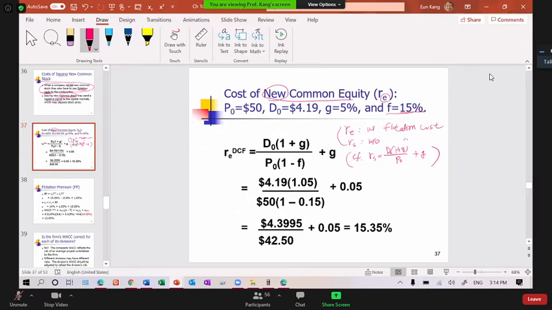Flotation cost is given as a percentage, so you use the formula P0 times 1 minus F, the net issuing price, net price. That's the only difference. You incorporate flotation cost, then all the numbers are the same as before. All you have to do is 1 minus 0.15.